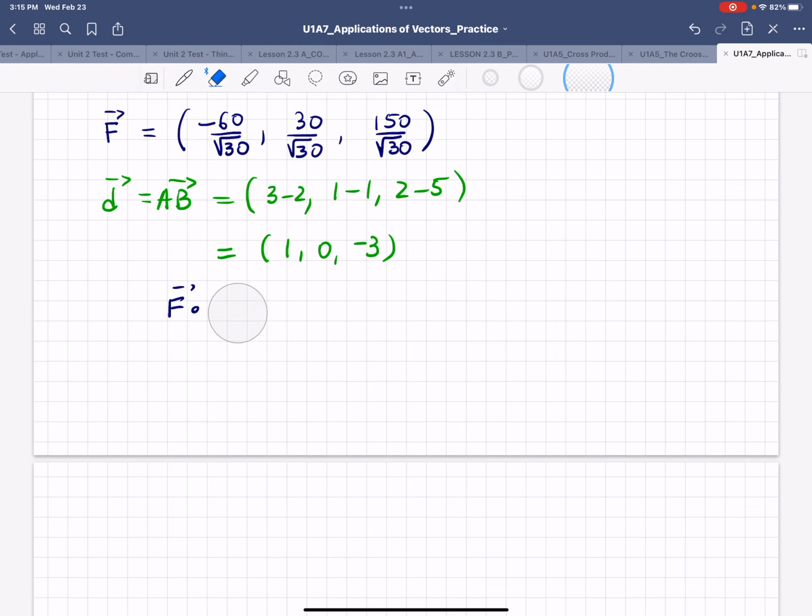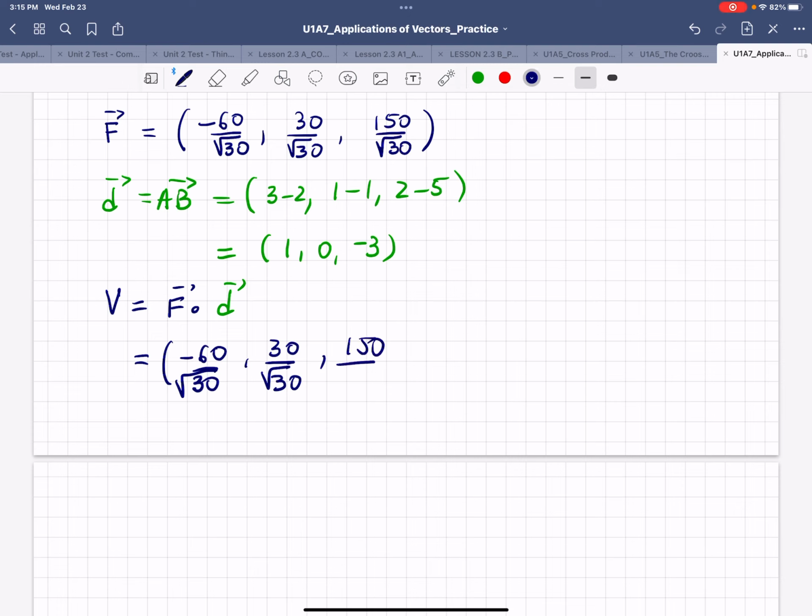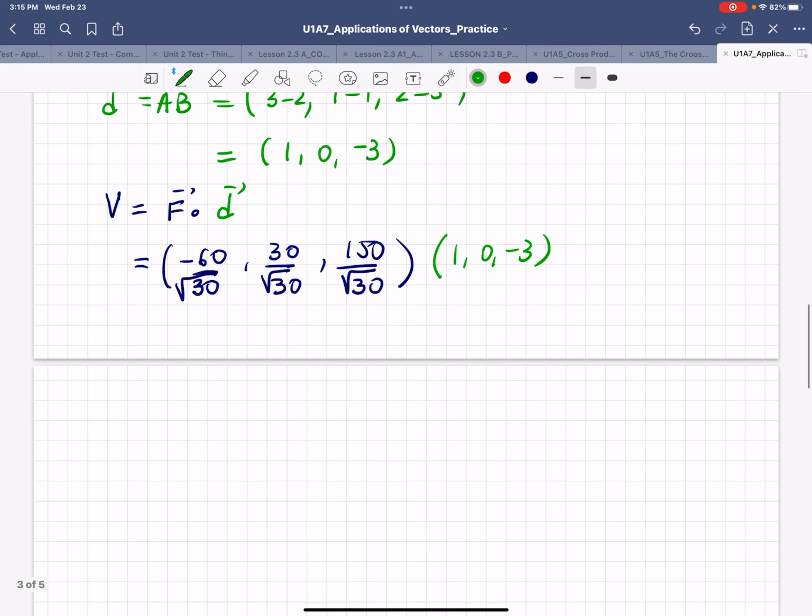Force dot displacement will give the work done on the object. That would be negative 60 over root 30, 30 over root 30, 150 over square root 30, multiplying 1, 0, and negative 3. Again, x and x will go together, the y's will go together, and the z's will go together.